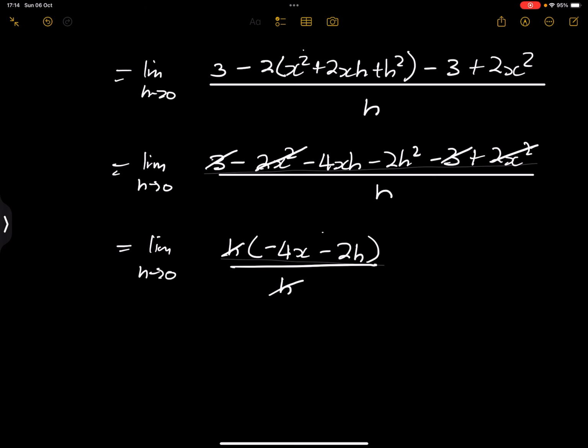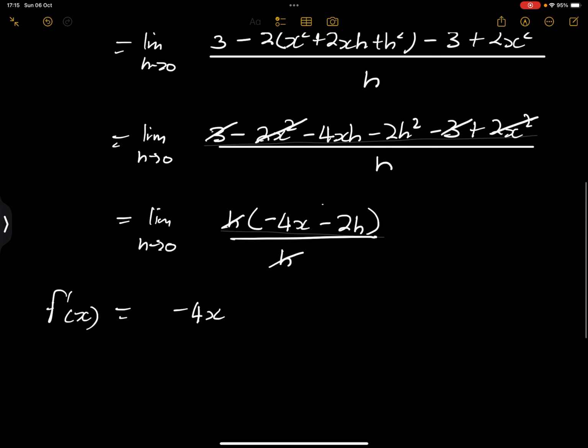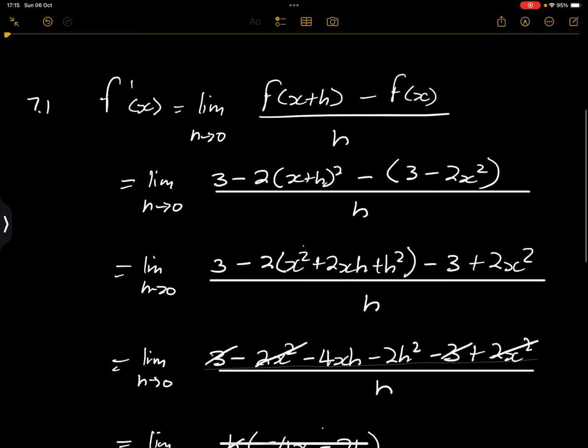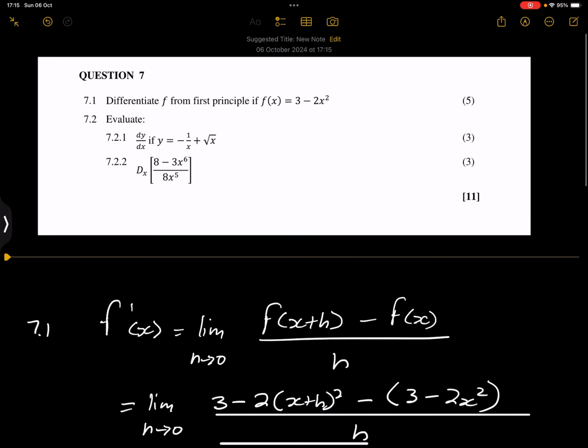And so if we substitute h is equal to 0, we are left with negative 4x. Right, so f prime of x is actually going to be equal to negative 4x. And that's exactly what we're anticipating. Right, so let's go into the next question.